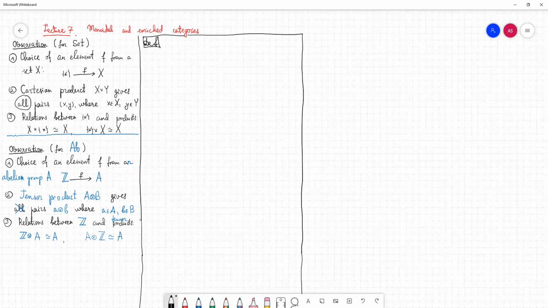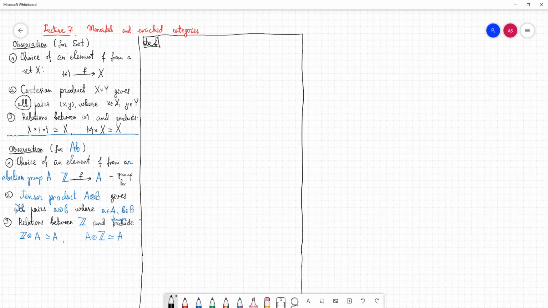Another construction is for abelian groups. I decided to copy all the text above, and I changed the things that I want to be changed with a blue color. So for abelian groups, the choice of element f from an abelian group A is a map from Z to A, and moreover, this map is a group homomorphism.